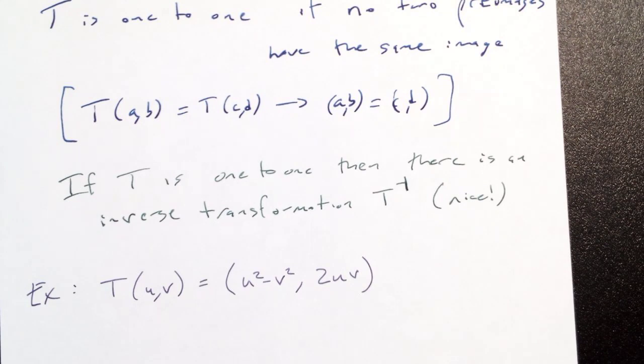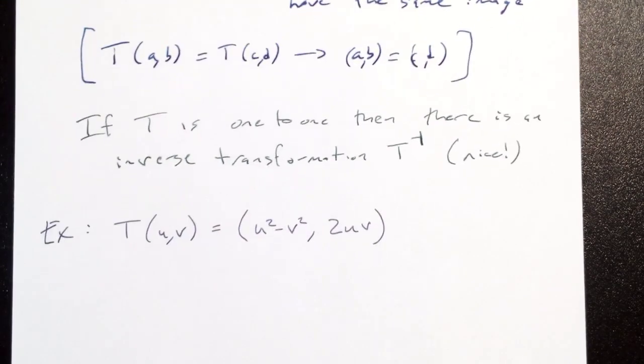Put in u and v, we get out u squared minus v squared and 2uv. What the hell? I would like to see what the effects of this transformation are.